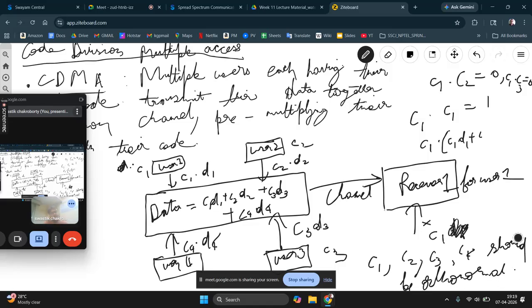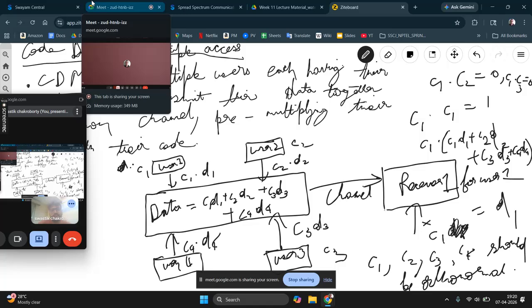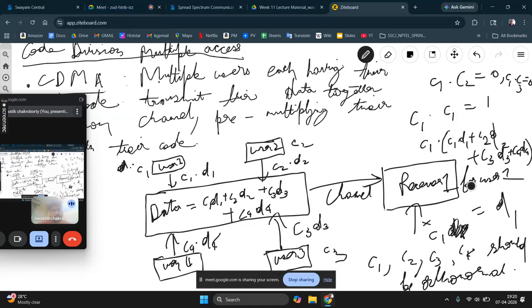So this will give D1. You can see receiver 1 will receive D1, as C1 into C2 is 0, C1 into C3 is 0, C1 into C4 is 0.